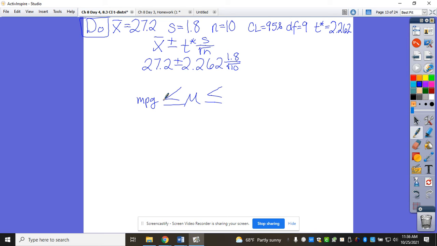I don't have this one in front of me, well, I guess I could go look it up. And what do you get as your lower bound? And an upper bound of 4876.